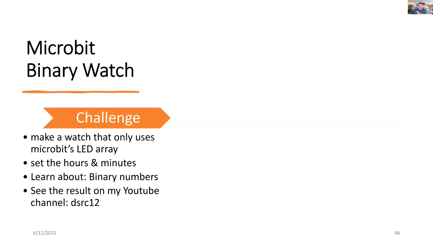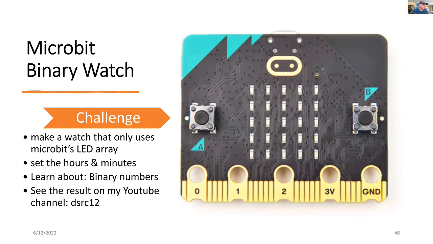Okay, so here's a challenge. Once you've got that going and you've verified that it works, how about you make a clock which is accurate and shows the hours with a colon and the minutes all on the tiny microbit LED array.